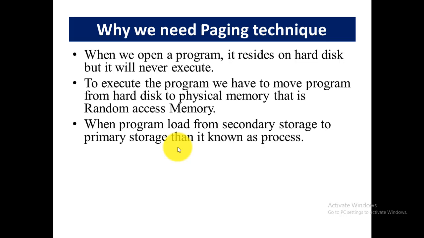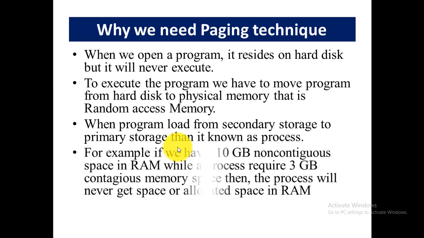When programs load from secondary storage, that is the hard disk, to primary storage, that is RAM, it is known as a process. For example, if we have 10 GB of non-contiguous space in RAM, as we have seen in the previous segmented section, while a process requires 3 GB of contiguous memory space, then the process will never get space allocated in memory.